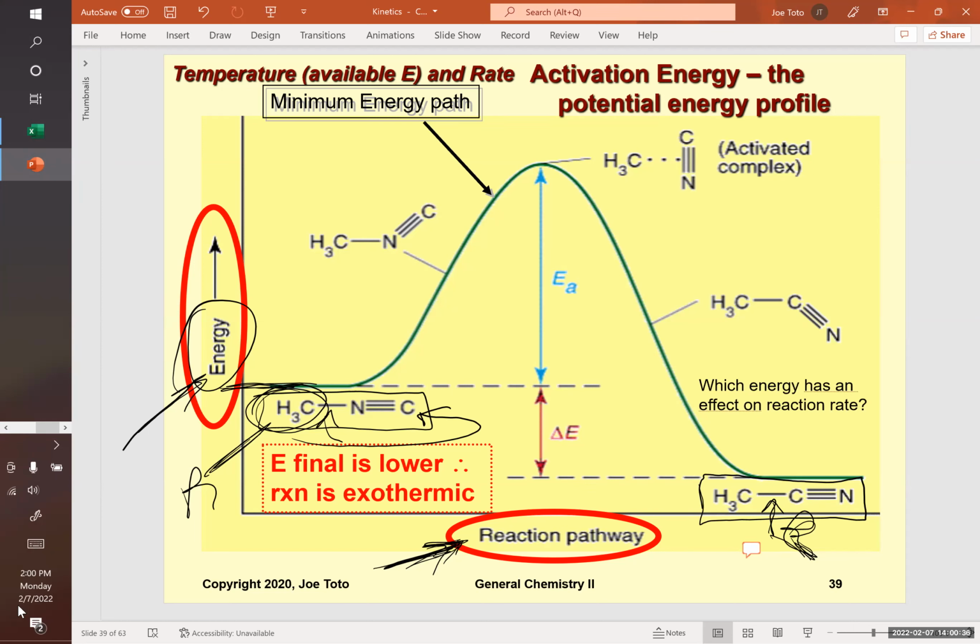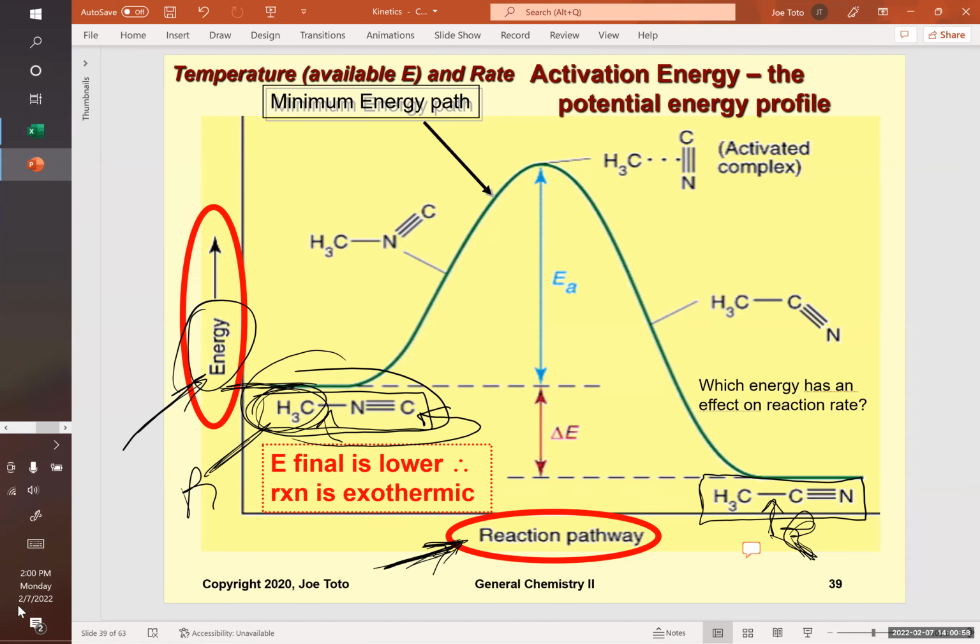Now, as we go from the reactant to the product, what Arrhenius envisioned is there had to be some sort of a collision. This reactant collided possibly with the walls of the container, or maybe another reactant.